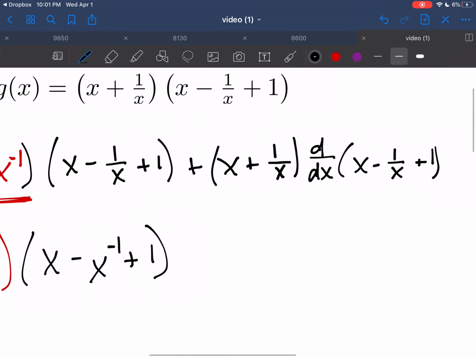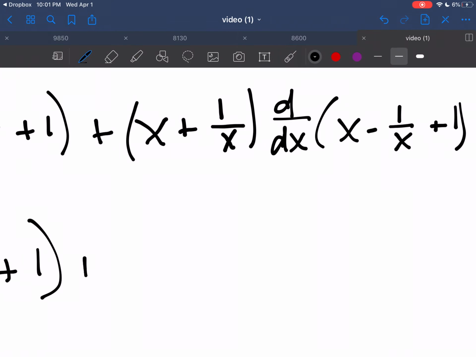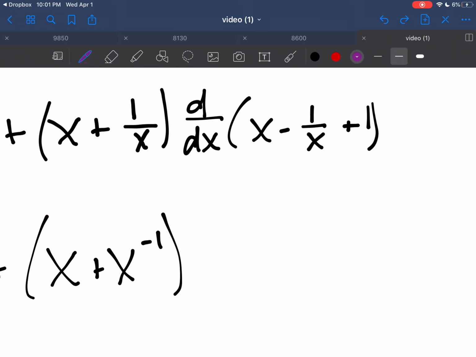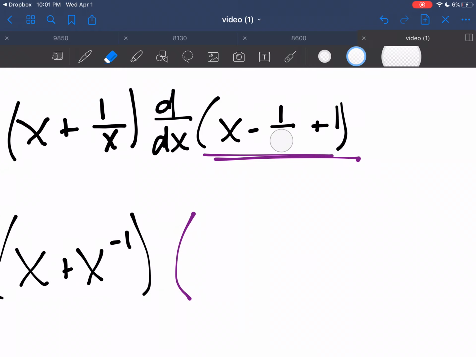And then plus the original first, times this derivative here that we'll do in purple of our second function. We'll also do the same rewrite here. And so the derivative of x will be 1.